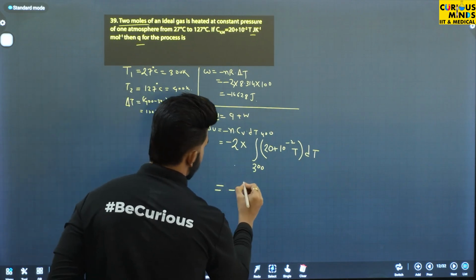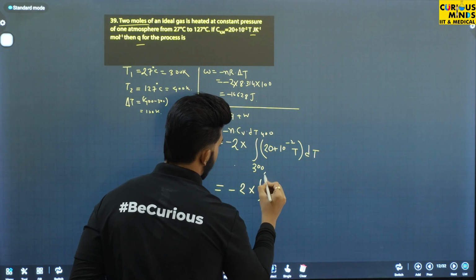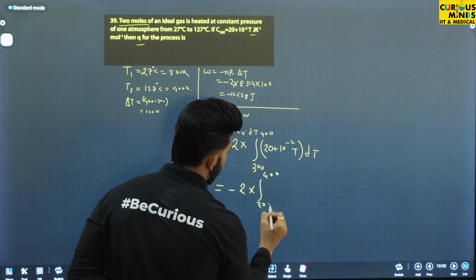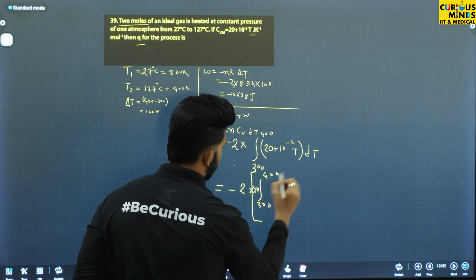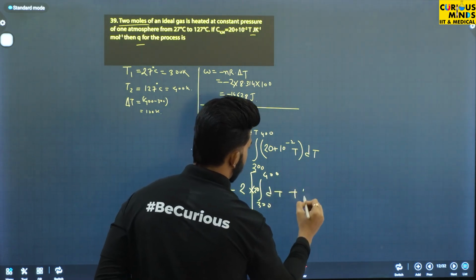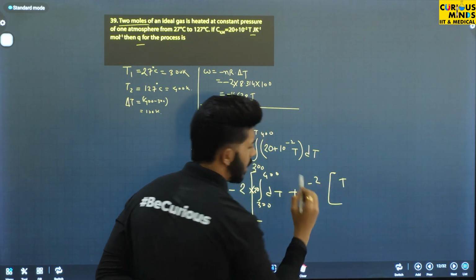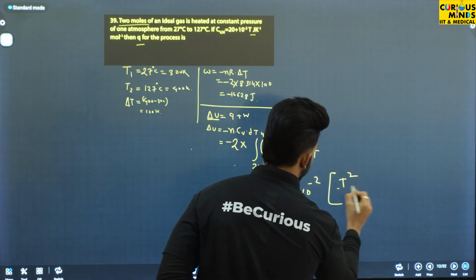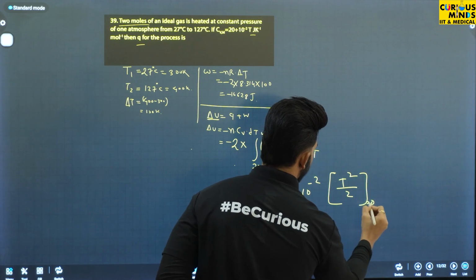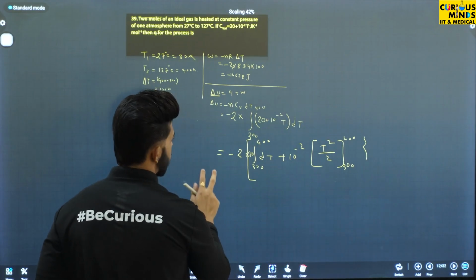So this will be 2 into, we will have to separate these, so limits 400, 300, and 20 will come out, and this will be dT, plus 10 to the power minus 2 will come out, and this will become t dt, like x dx, this will be x square by 2, right? So t square by 2, 300 to 400. Now let's try solving this.